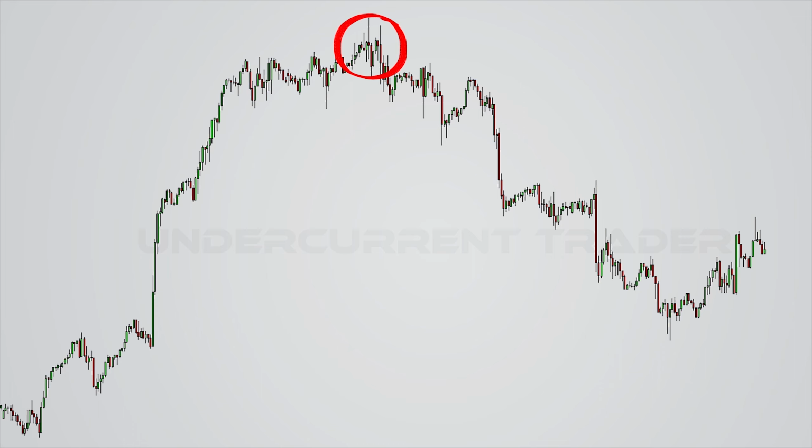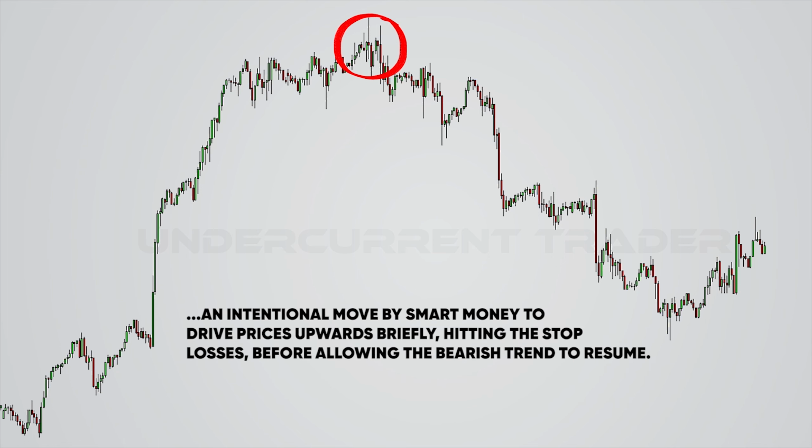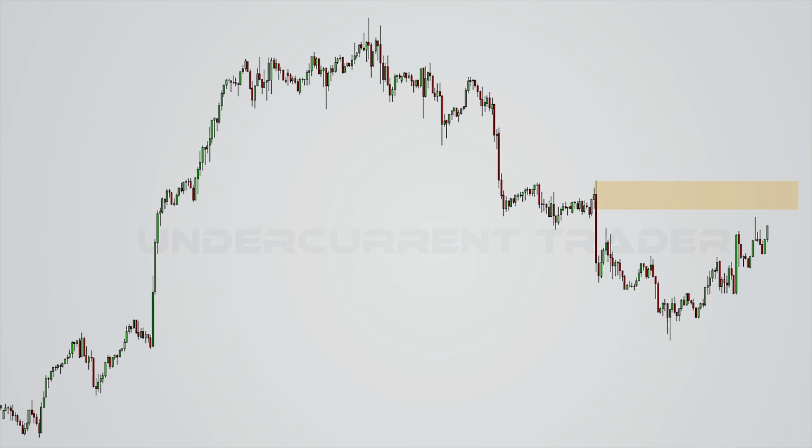In this case, the formation of this stop hunt area suggests that there may have been an intentional move by smart money in the market to drive prices upwards briefly, hitting the stop losses placed by the retail crowd before allowing the bearish trend to resume. This is a significant clue, I think, signaling to us that the bears are indeed in control, and we might anticipate a continued downward trend for the time being.